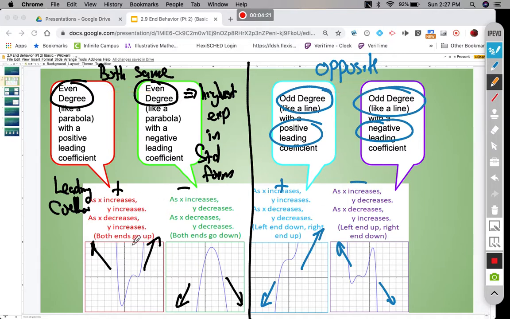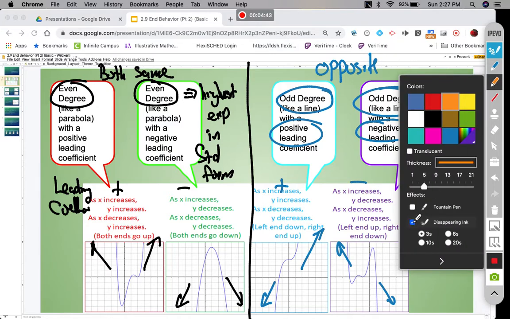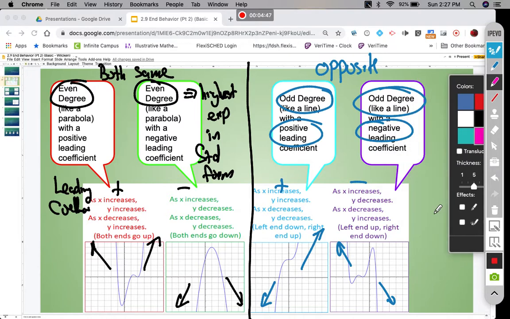There's lots of ways we can describe it. We described it by using just little pictures to show us what's going down. The words we're going to use, that's why I'm coming to this slide, are as x increases, as x decreases, y increases, y decreases. So when we're looking at this, let's go over here.